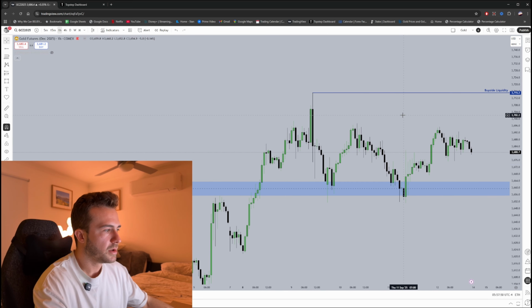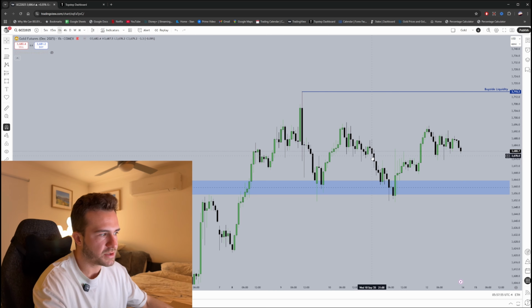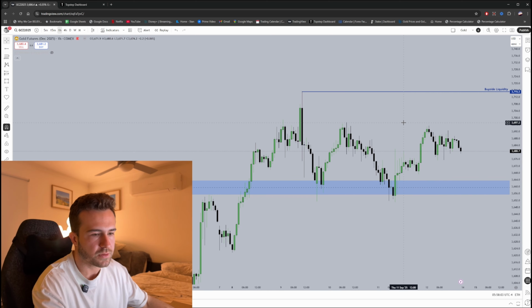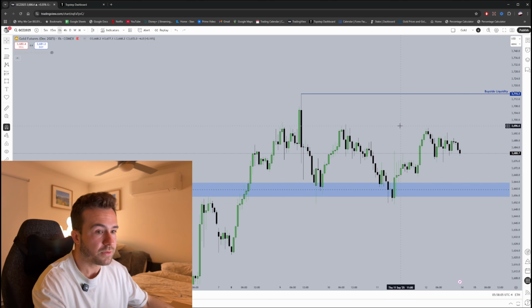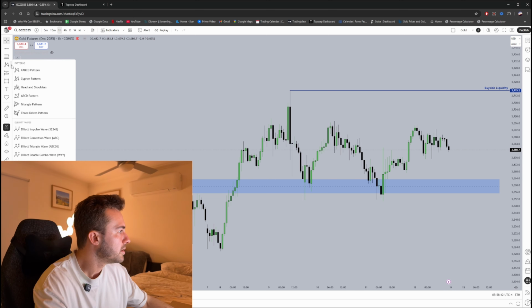There was an actual inefficiency formed here. We were priced into it, briefly treated it as resistance, and then we displaced through it, which is a good sign of bearish order flow violation, and a good sign that if we were bullish on the higher time frame, this is most likely going to continue higher.